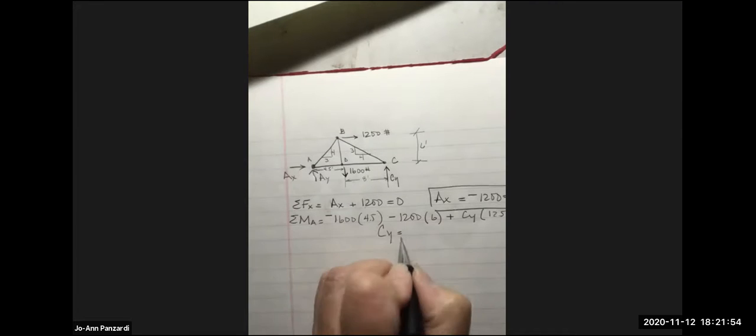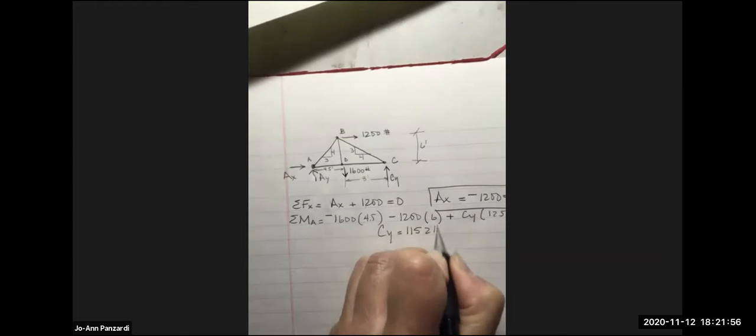We could probably do the sum of the moments at A, so we could solve for CY. Great. And CY turns out to be 1152 pounds.